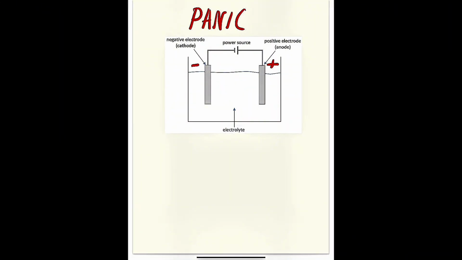So here we have the formula for aluminium oxide, Al2O3. And the ions that are going to be present in this molten compound, when it's molten, we just say it's melted, it's not dissolved in water.